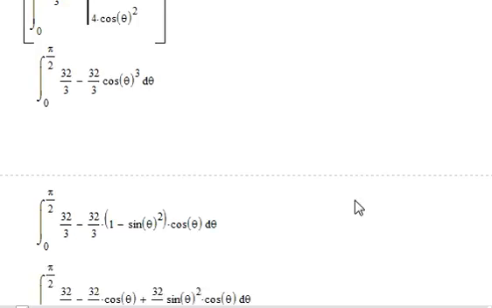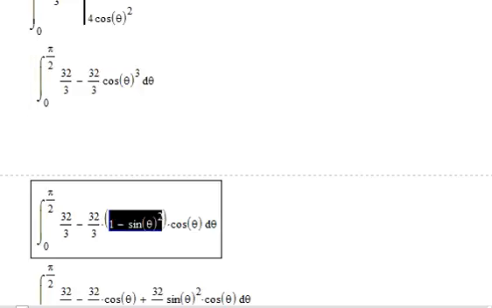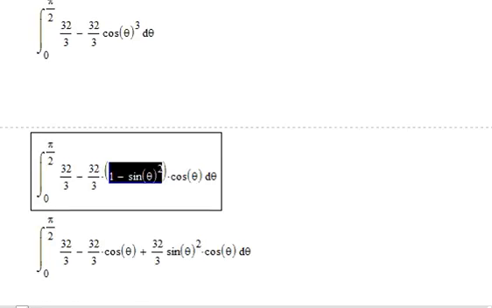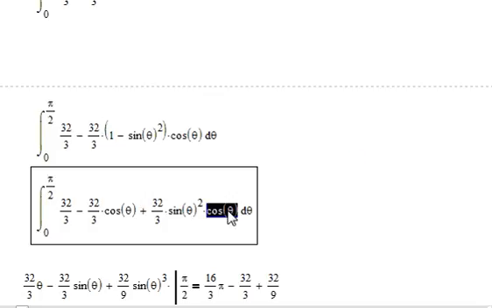So now what are we going to do? Well, when we have an odd power, we can make cosine squared times cosine and replace the cosine squared with 1 minus sine squared. Now that will make things kind of handy, because now when I want to integrate this part, I can just say let u equal sine theta and du is cosine theta d theta.